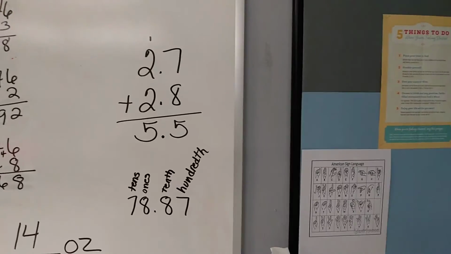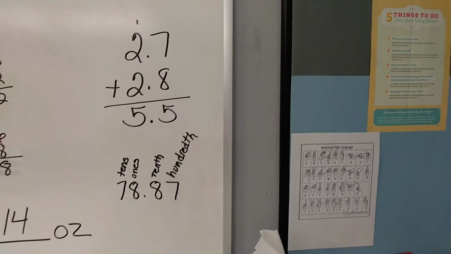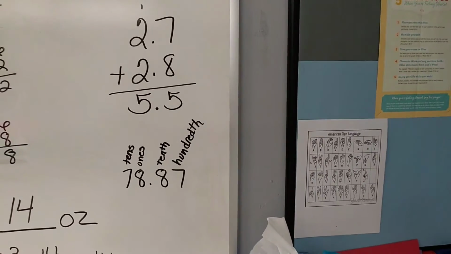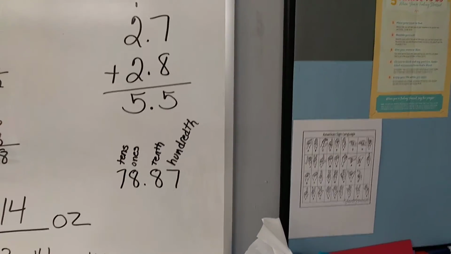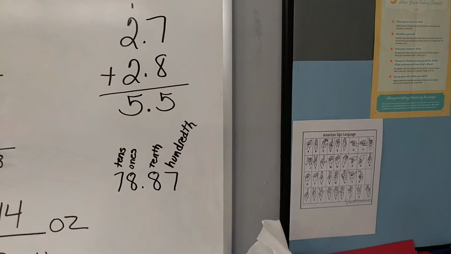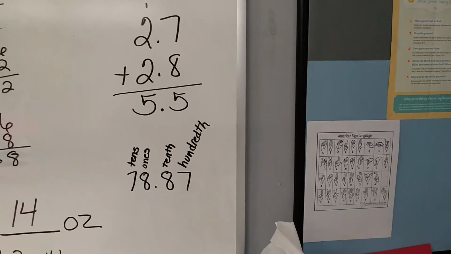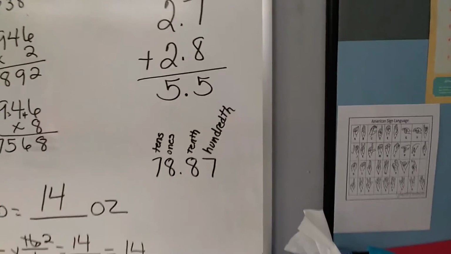All right, you have adding with decimals. You have 2.7 plus 2.8. 7 and 8 is 15, so I carry my 1, which is 2 plus 2 is 4 plus 1 is 5. You bring your decimal point straight down, so it would be 5.5.